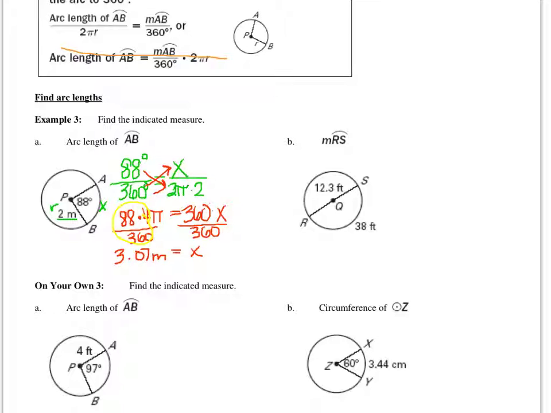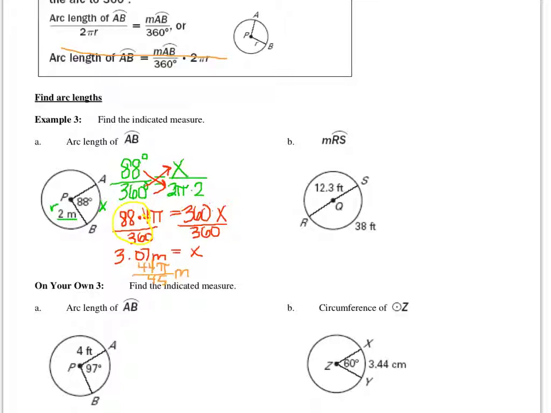You'll get 44 over 45, and then we could put pi on the top of that fraction with it, and that's meters. And that would be our exact value. And if you did 44 over 45 times pi, you would find that that's 3.07. So I'm just showing you how to find your exact value along with your decimal form.